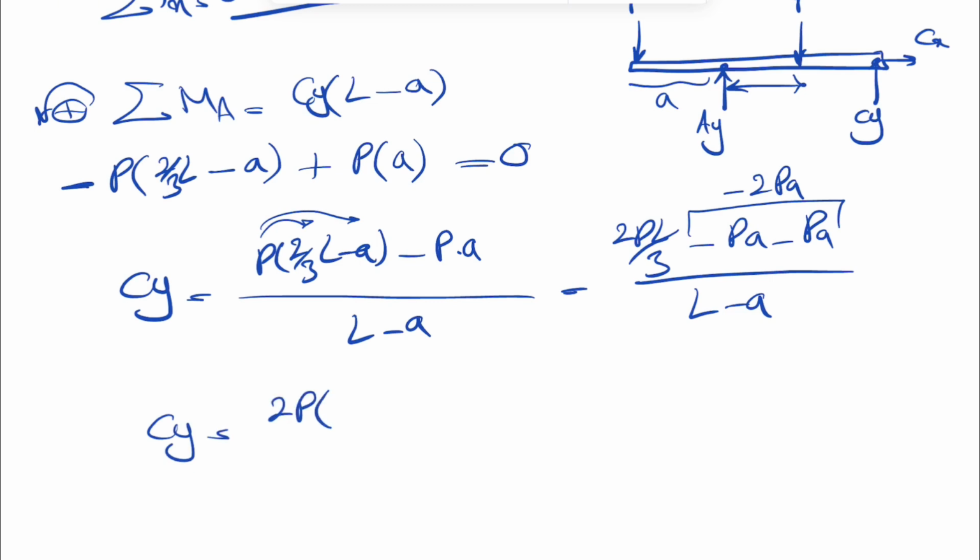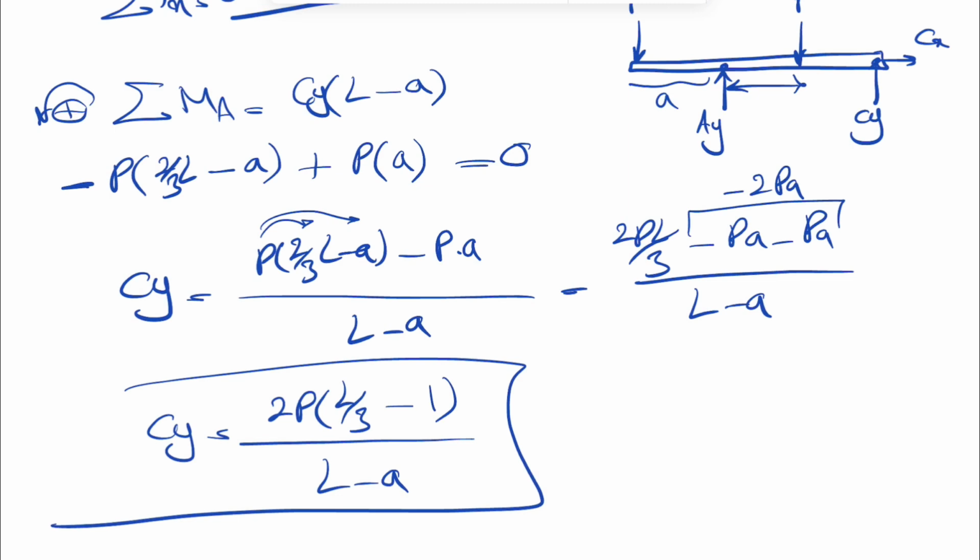From the first one we get 1/3 of L, and from the second one we get minus A, divided by L minus A. So that's going to be our CY. So we have 1/3 of L minus A, and from this one we get A.